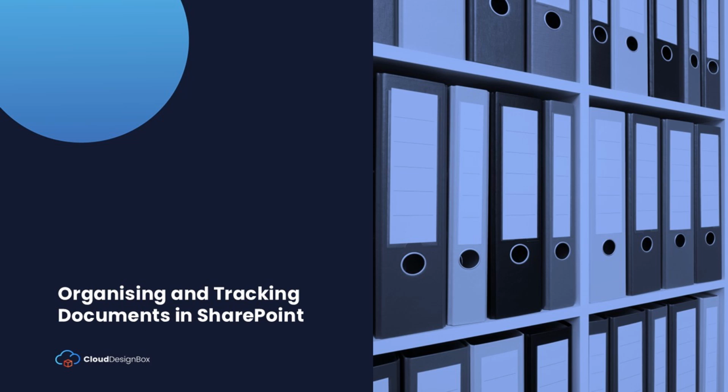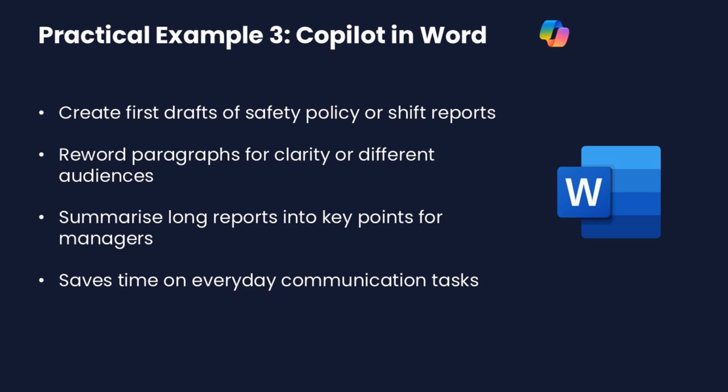Now, Copilot isn't going to replace humans, but it is a tool to help you be more efficient and do these tasks quicker and to a better standard, better quality. So we're going to take a look at a couple of examples about how you can do that in the different Microsoft Office applications. And the first one we're going to look at is Microsoft Word.